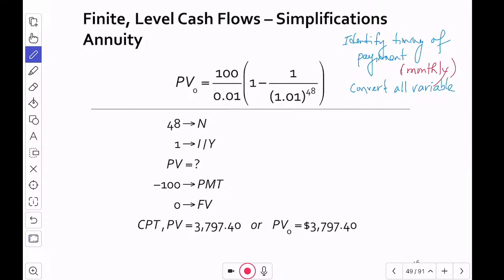So you need the monthly rate, which was 1%, 48 months in the 4 years, and then the amount every month is 100. So 48 periods, the interest is 1. We want to find the present value of that loan. The payments are $100. And notice we're not going to use FV now, so we put a 0 in there. Okay, we have payments. And then we compute the PV, and this is the answer we get.